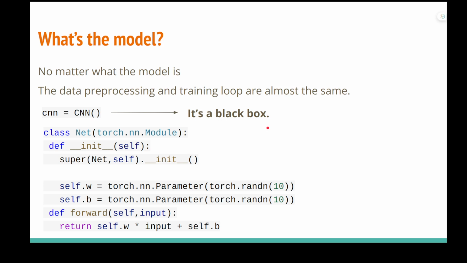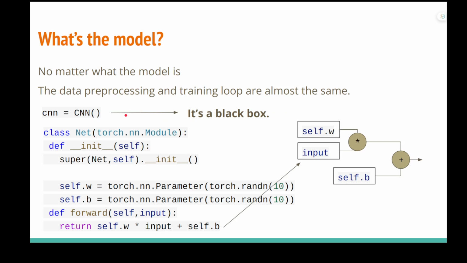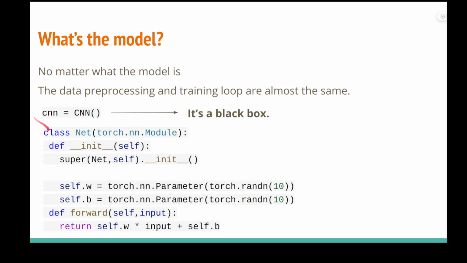Okay, so for the training loop, the model is a black box. It doesn't really need to change the training rule according to the model itself. But if you want to know what the model is, here is an example of a model.